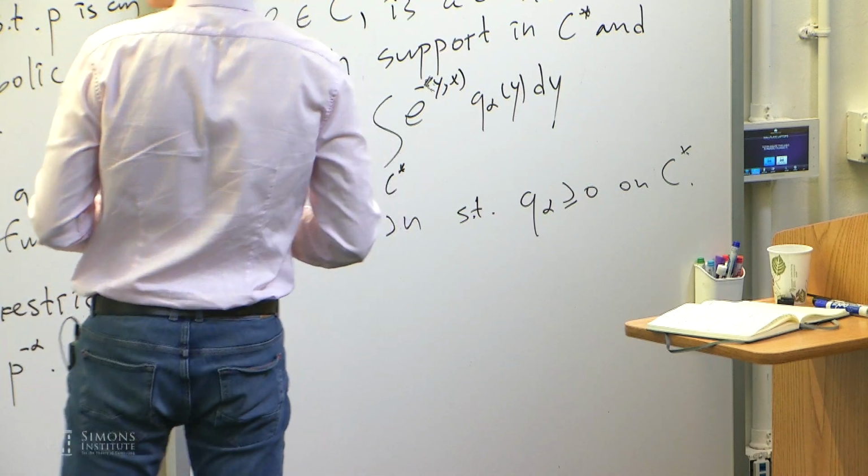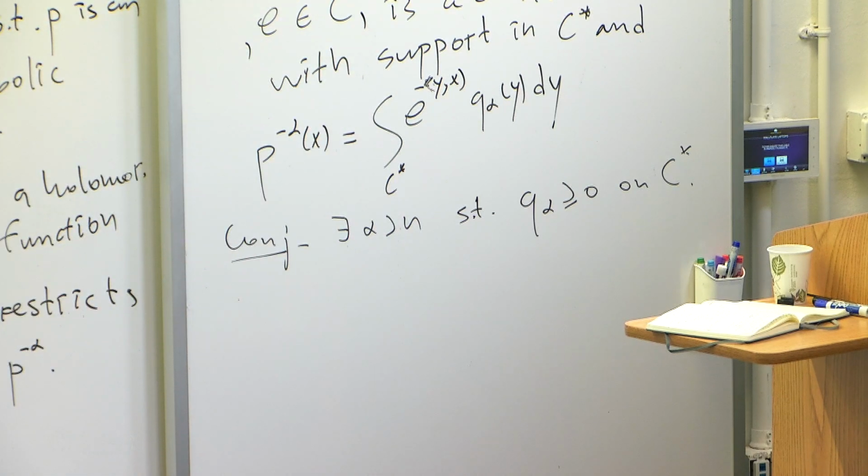Okay? And that's why I say that completely monotone functions, if they come from hyperbolic polynomials, can be used to construct an infinite sequence of non-negative polynomials on your cone. But in general, this conjecture is open, and let me mention what is known about that.